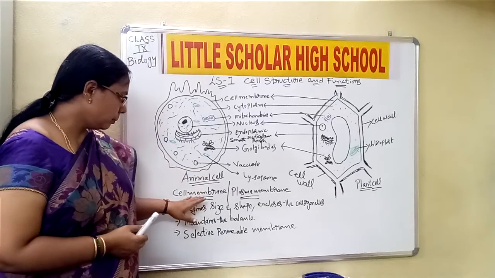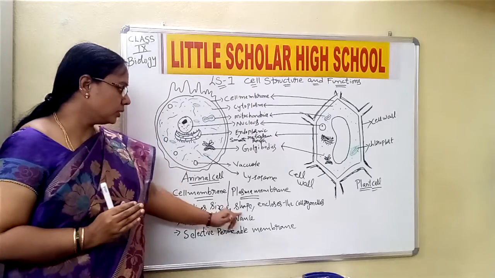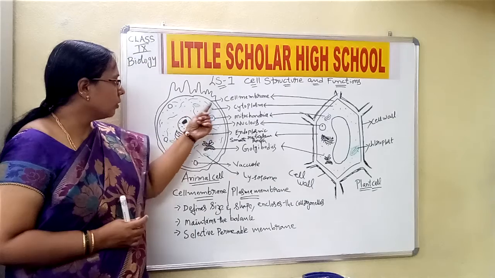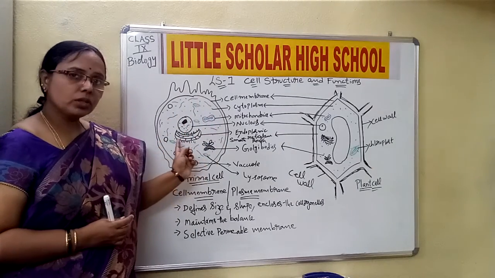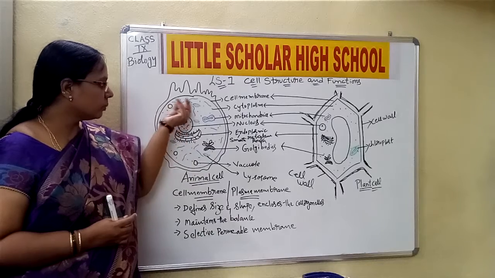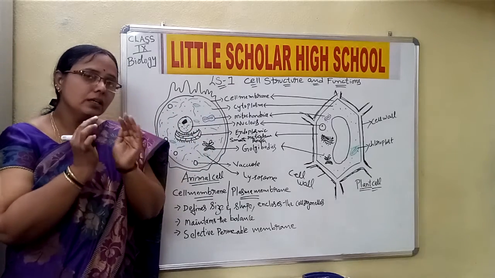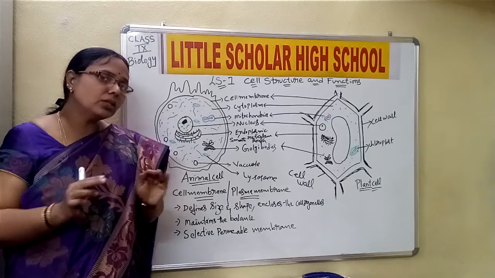The cell membrane or plasma membrane gives definite size and shape and encloses all the organelles. See, because of the cell membrane only, yes or no children, all the organelles which are present inside the cell are present intact, and the cell is getting some particular shape.